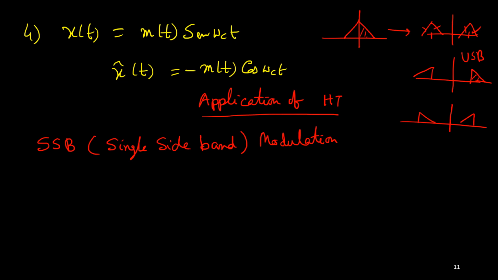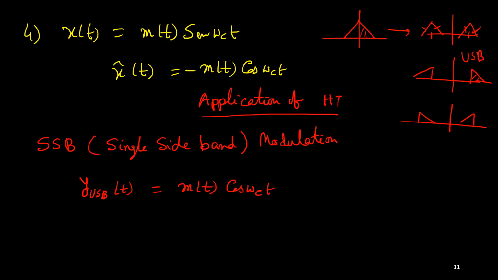Now how to generate this SSB signal? There we can use the Hilbert transform. Now to get the upper sideband, I'm writing y_USB(t), what we will do, this message signal is first multiplied with cos ωct, you will get double sideband.